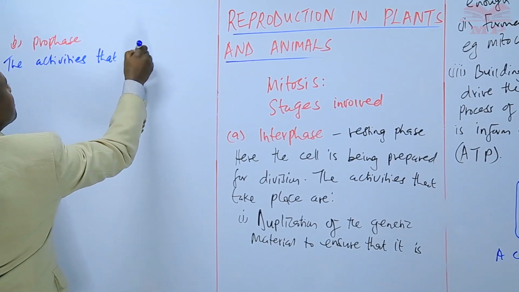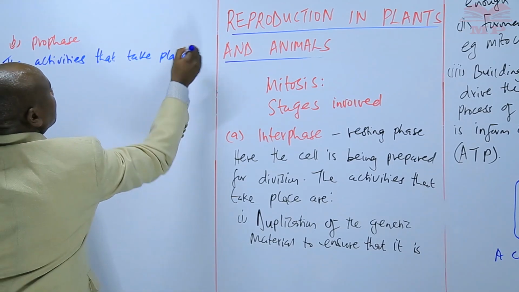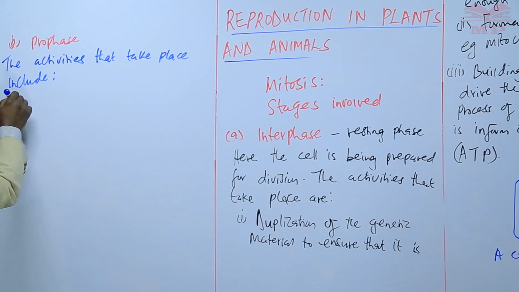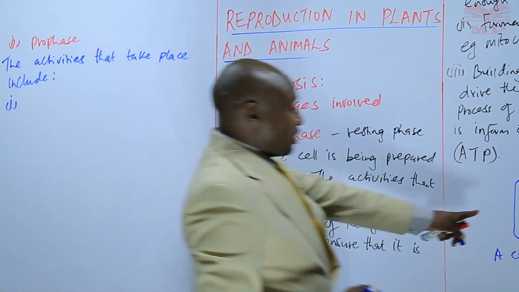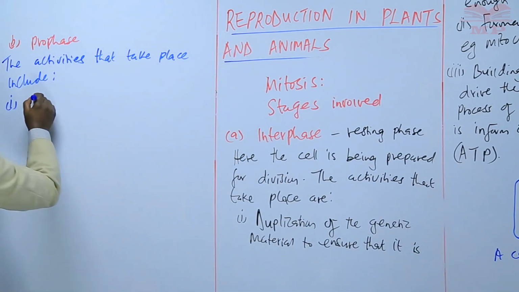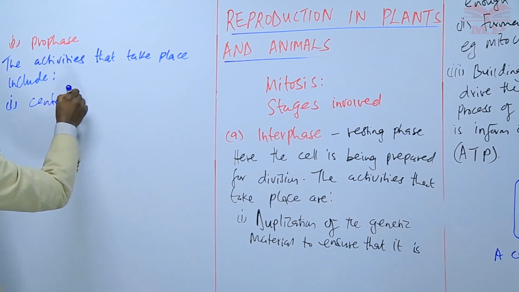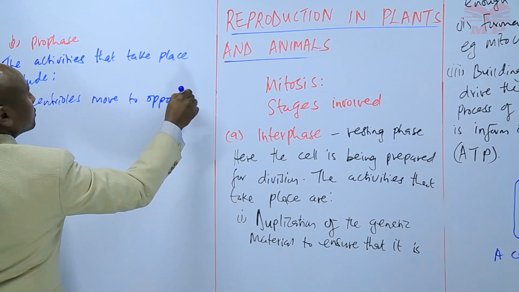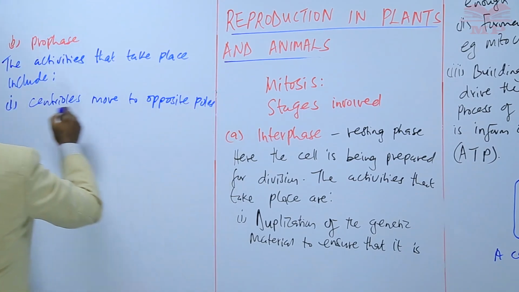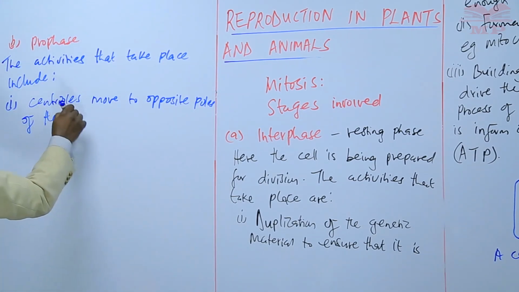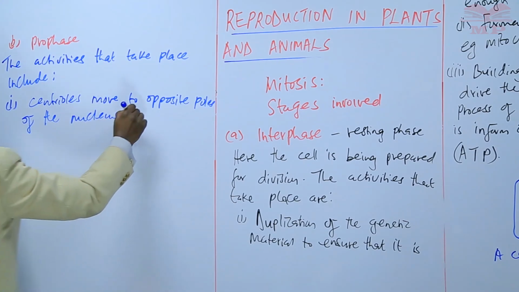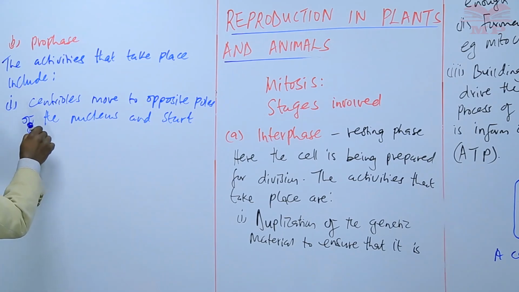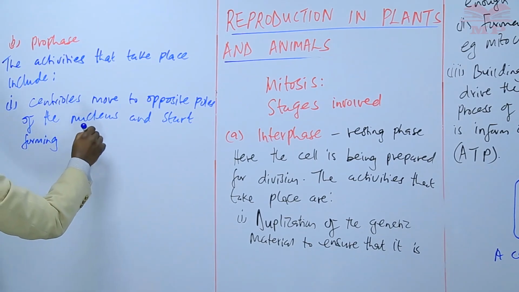So we are saying that the activities that take place include: 1, we have mentioned that the centrioles move to opposite poles of the nucleus, and start forming spindle fibers.